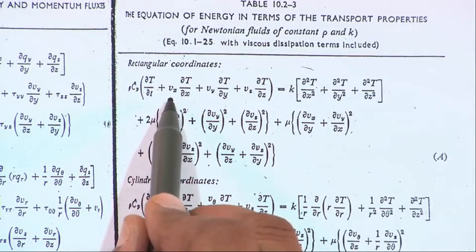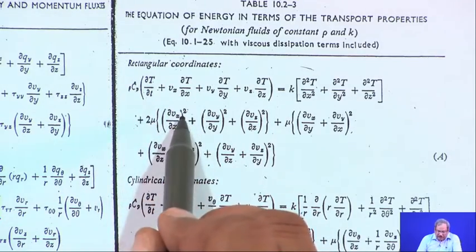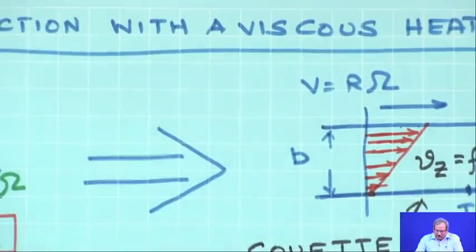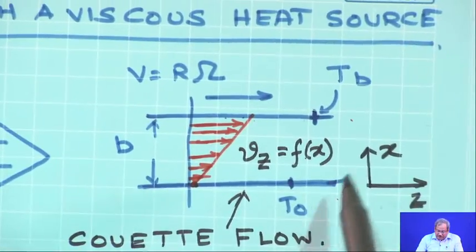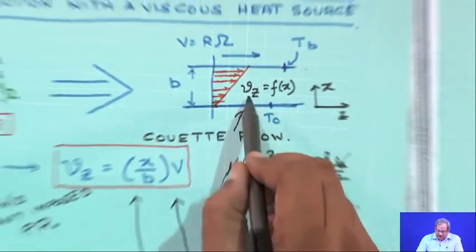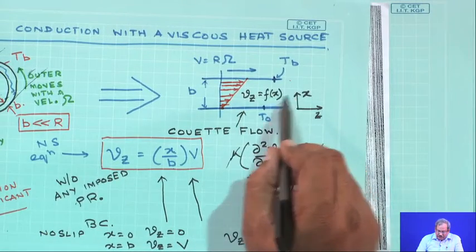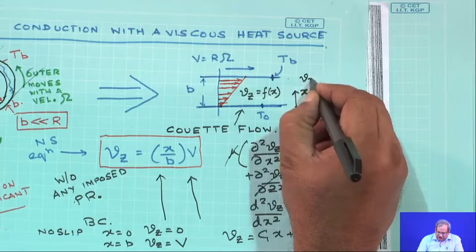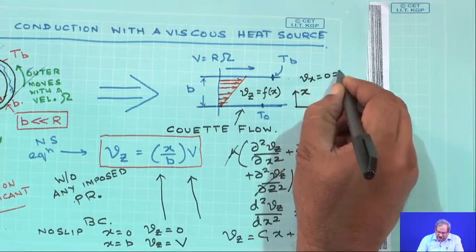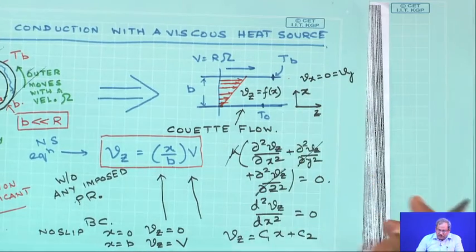This contains Vx del T del x. Once again, if you look at this, this is x and this is z. So, I only have Vz, I do not have a Vx. So, in this case Vx and Vy are all equal to 0.